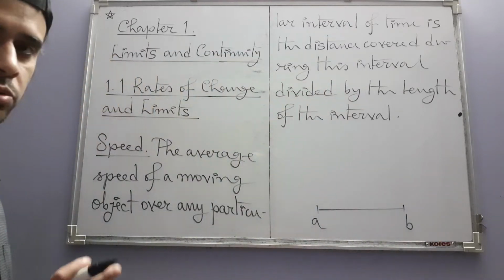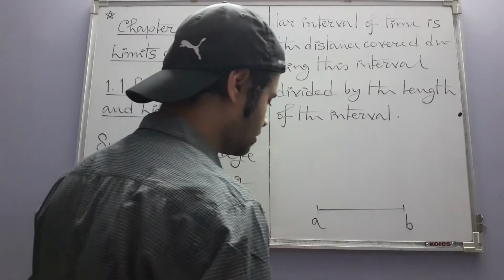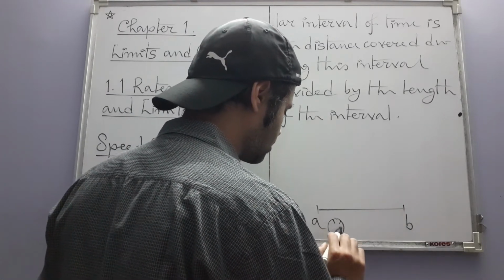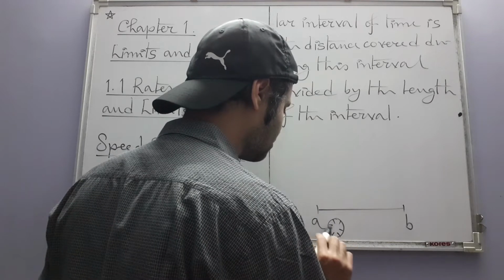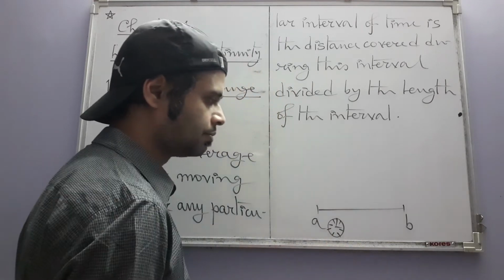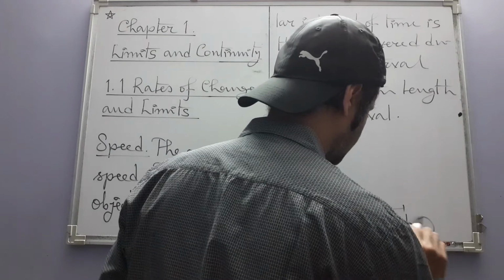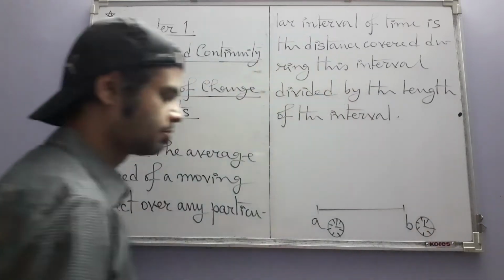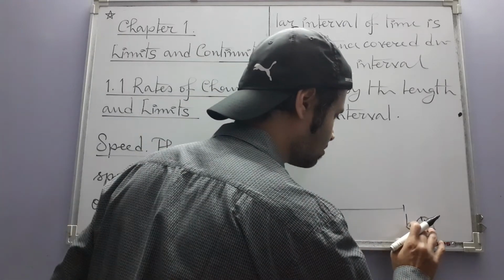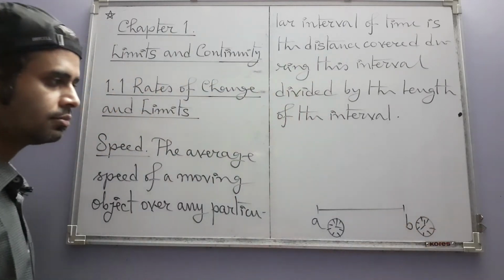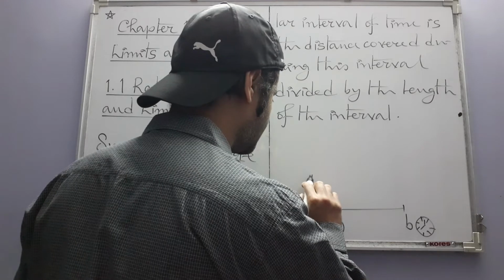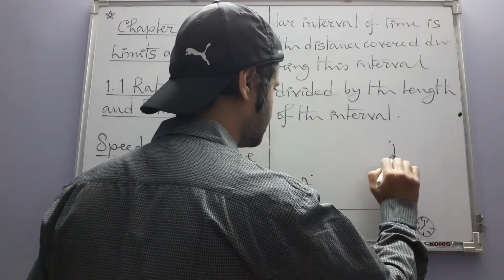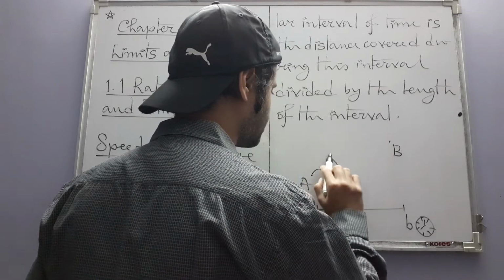You observe the motion of the body in this time interval, where at instant A you start your stopwatch or whatever you are using to measure time, and you stop it at instant B. Okay, some time has elapsed, and during this time interval the body moves from point A to point B along some path.